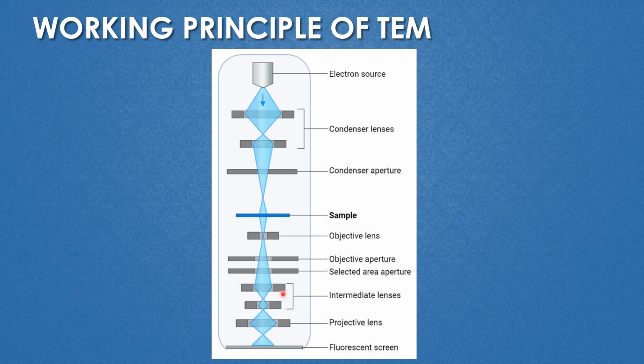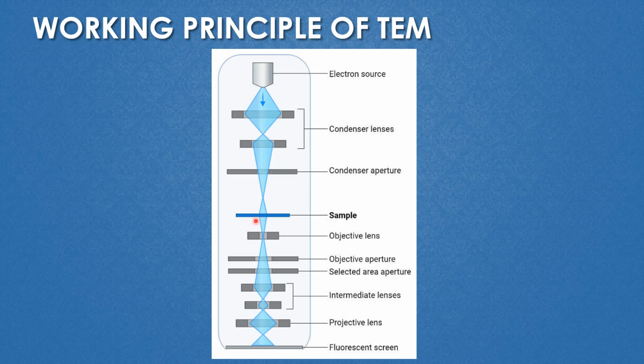Then the beam passes down to the intermediate lenses and the projective lenses, and both lenses enlarge the image all the way, and finally the electrons are focused on the fluorescence screen, which is also called the photographic plate. The final image formed on it is called the transmission electron micrograph.